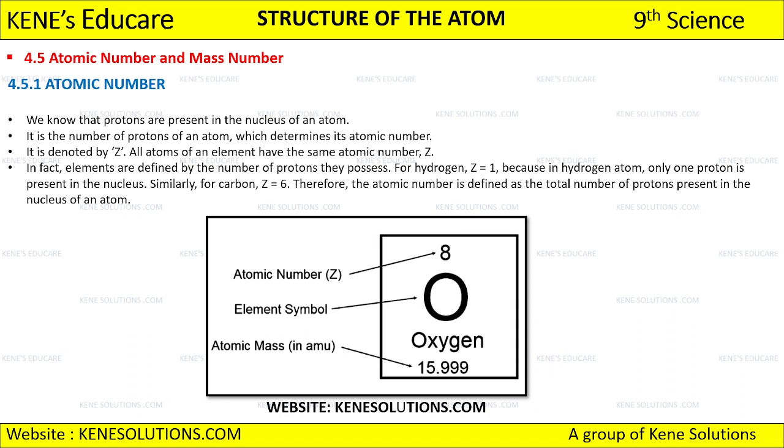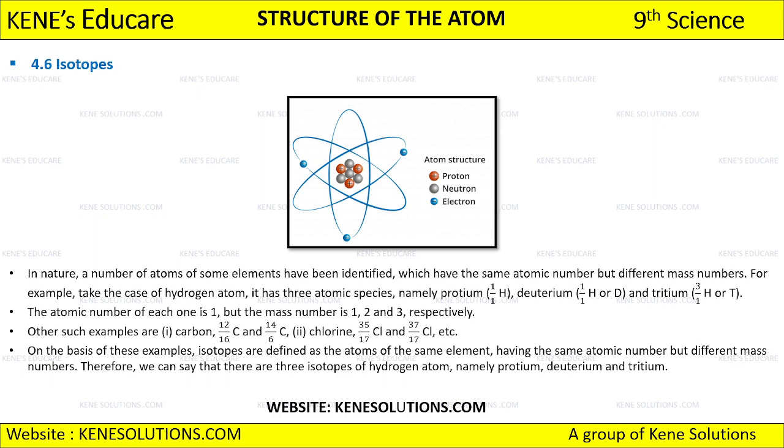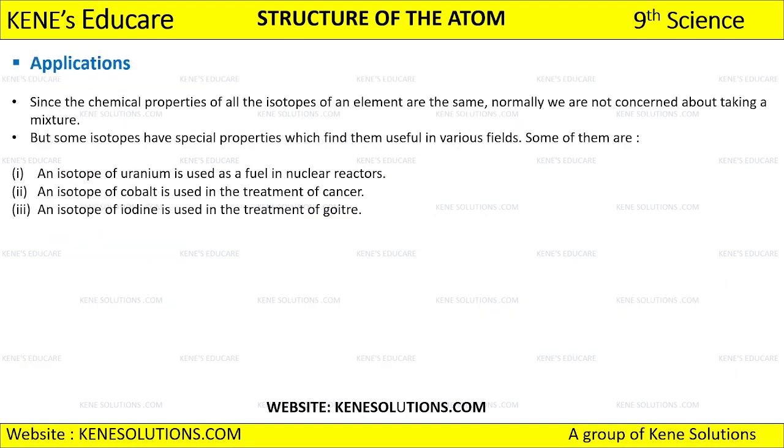After that, we'll discuss atomic number and mass number, which is also very important, and what exactly mass number is. Then we'll discuss isotopes, what isotopes are, and the applications of isotopes.